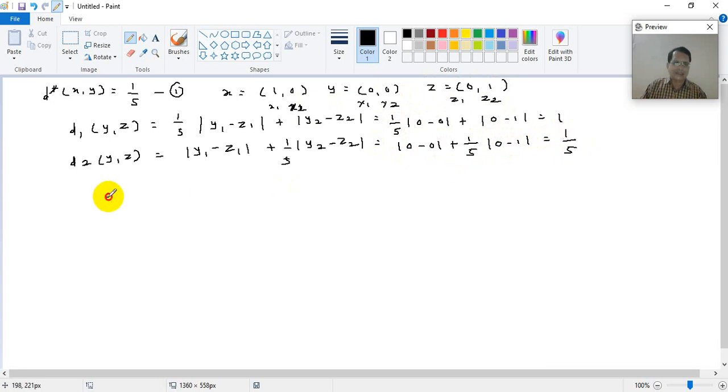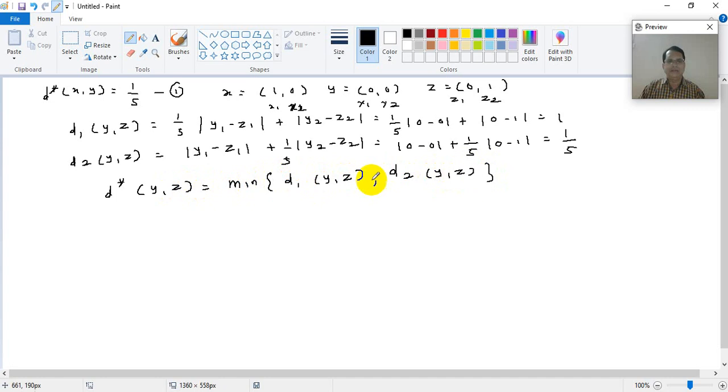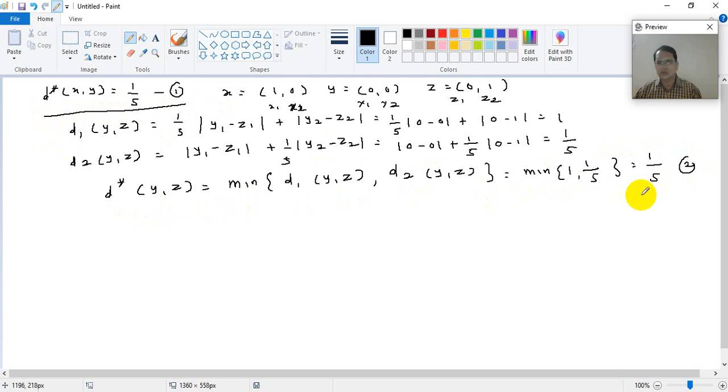Now d star yz is what, it is minimum of d1 y comma z comma d2 y comma z. So what is the minimum of these two? This is 1 and 1/5 again. So it is minimum of 1 comma 1/5, which is 1/5. So this is say result number 2. D star yz is 1/5, right? This is result 1. D star xy is 1/5. D star yz is also 1/5.